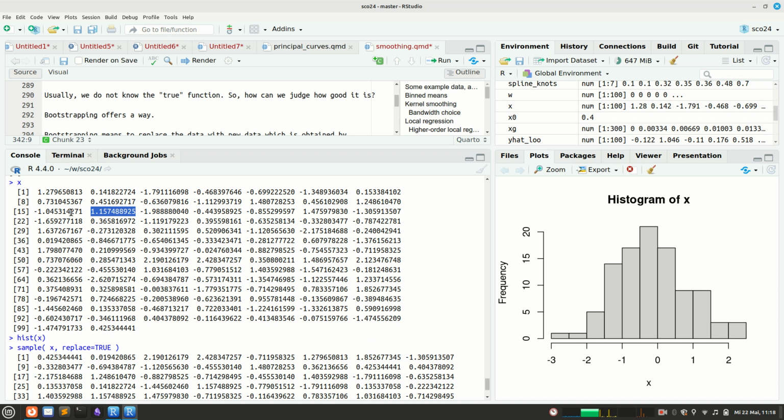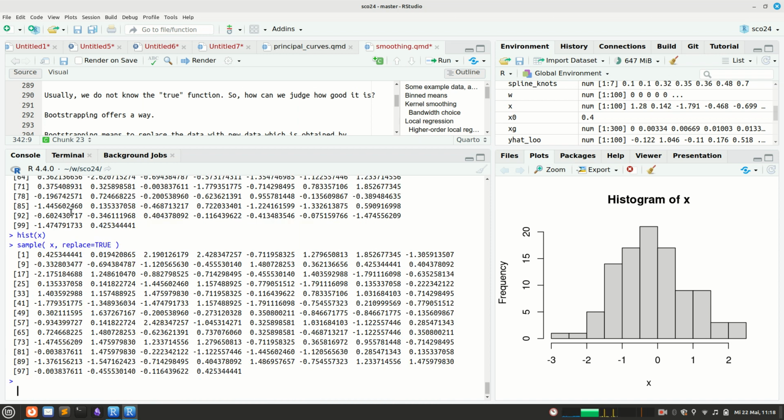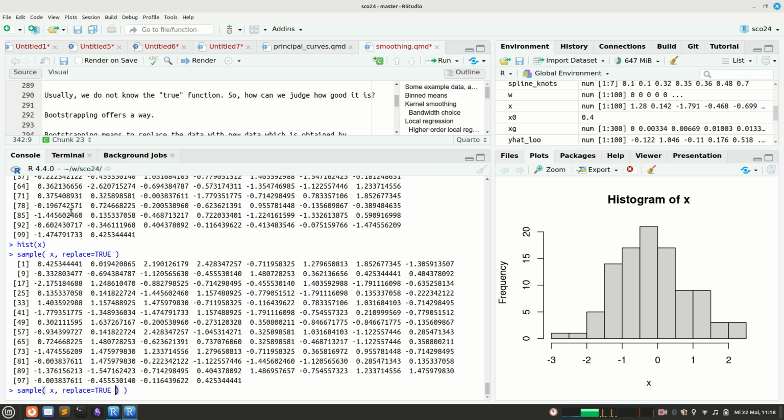This is what we call calculating a statistic. And whenever we want to get the standard error of such a statistic, and we don't want to make any distributional assumptions, the best we can do is to take new samples like this and calculate the statistic again on this fresh sample.